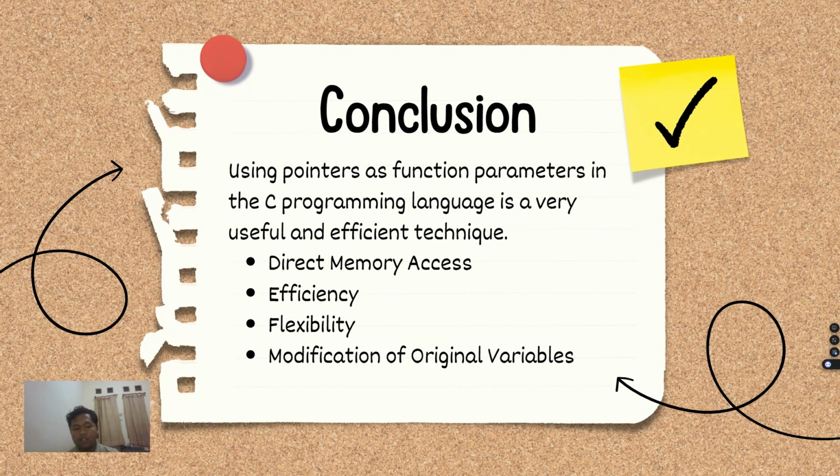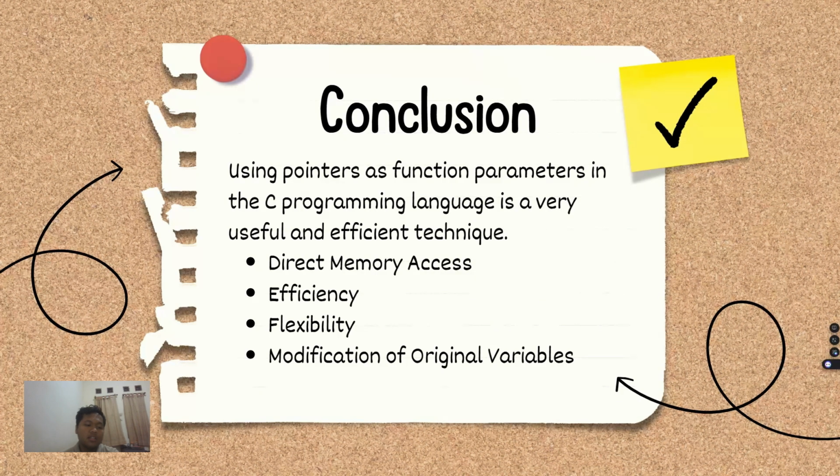The function operates on this copy, and any changes made inside the function do not affect the original variable. However, when you pass a pointer as a function parameter, you are passing the memory address of the original data.